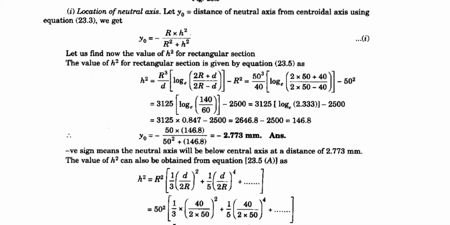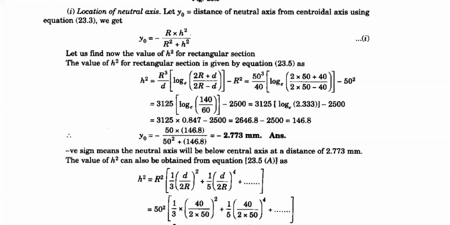I already told you that after identification of a suitable formula, you should try to identify the notations. What are the notations you observed in this formula? y naught is the location of the neutral axis, the required quantity, so you need not worry about it.